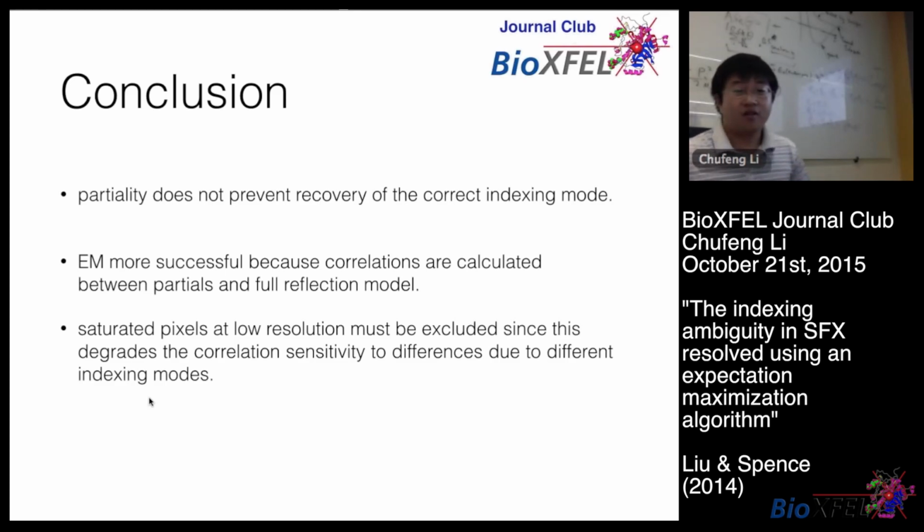And the author also pointed out it is very important that the saturated peaks at low resolution must be excluded, because the contribution from these saturated pixels can be very strong, and this can cover the sensitivity of the correlation to differences due to different indexing modes. So if you include these saturated peaks, it can sometimes be difficult to tell which indexing mode is correct.